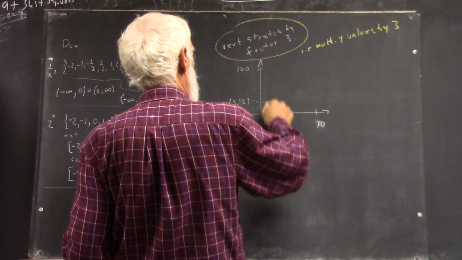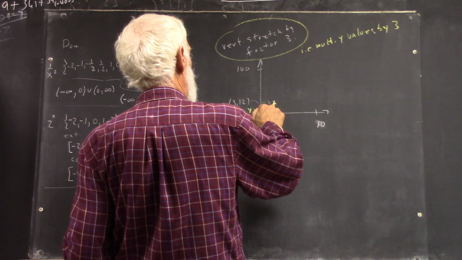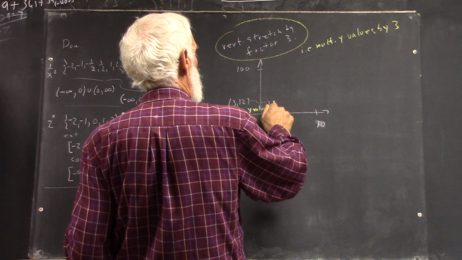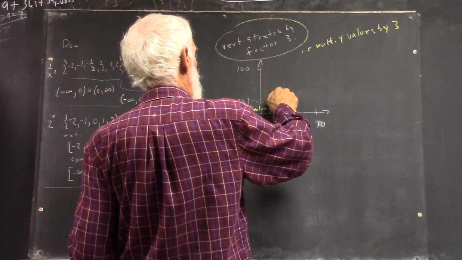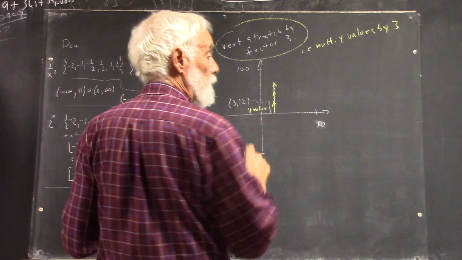So here's your Y value, represented by this arrow. So 3 times the Y value is this, right?